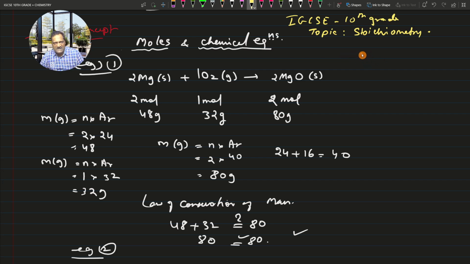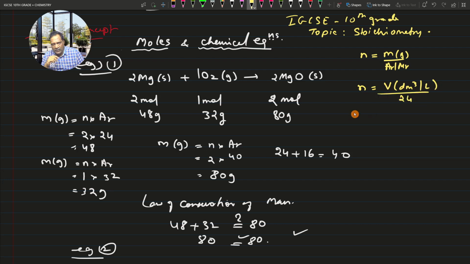The first one is n is equal to mass in grams upon either Ar or Mr, depending upon whether it is an atom or a molecule. This is the first formula, which relates number of moles to the mass in grams. Then the next formula was relating to the gases, where the number of moles is equal to the volume of gas in decimeter cube or in liters, divided by 24.